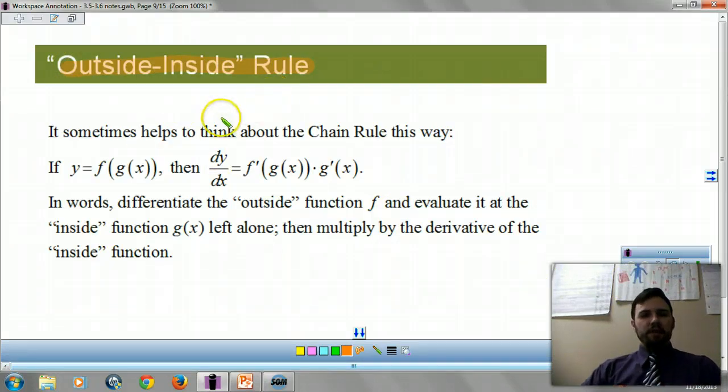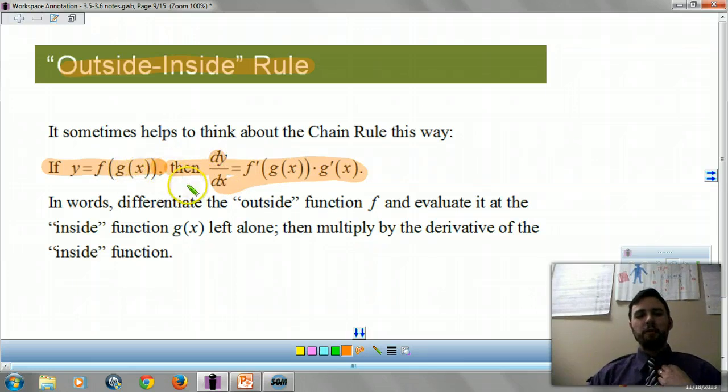What that says is if you have a function of a function, then your derivative is the derivative of the outside times the derivative of the inside. Outside, inside.